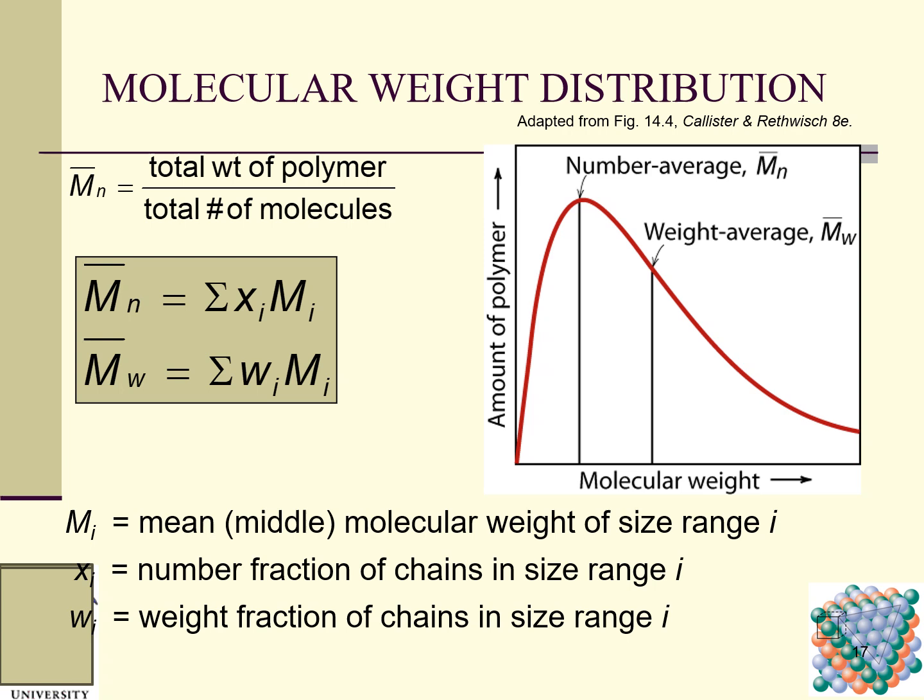So this is Mn and Mw. Mn is the number average, based on the number fraction of chains, and Mw is the weight average, based on the weight fraction.